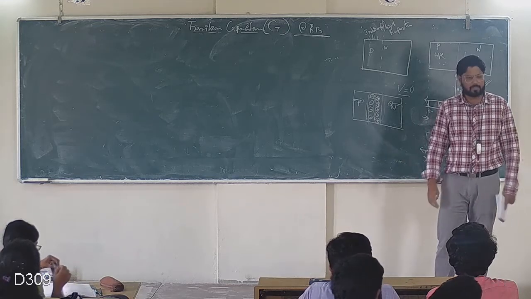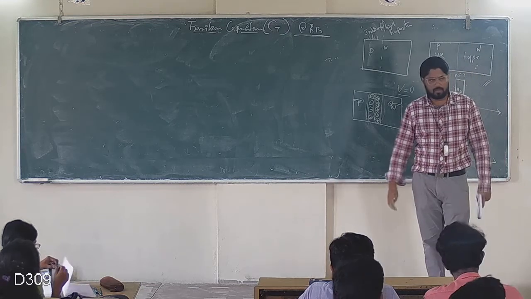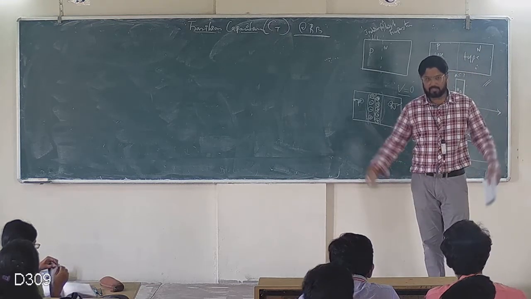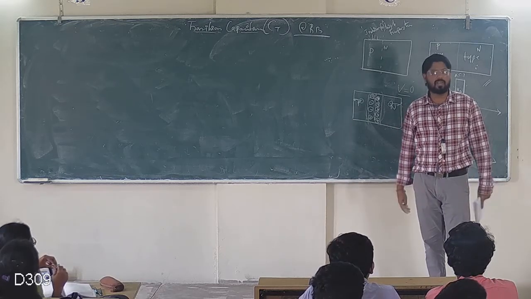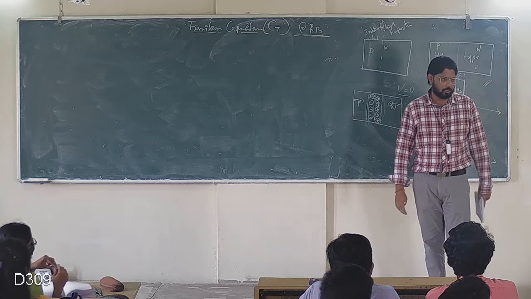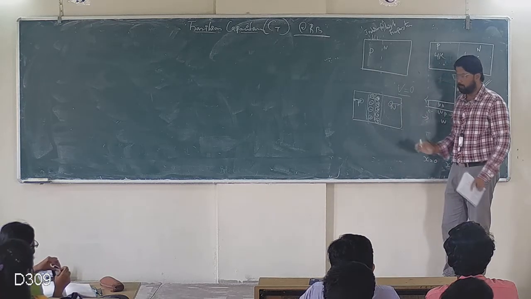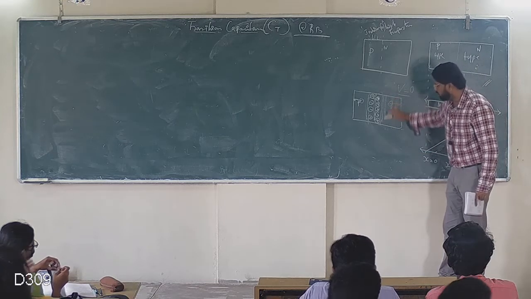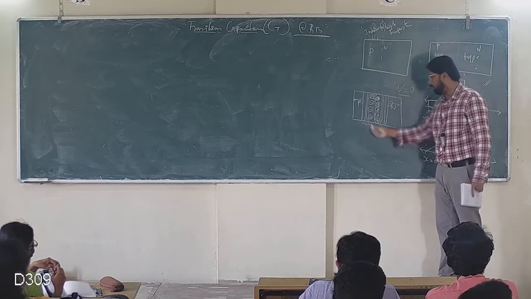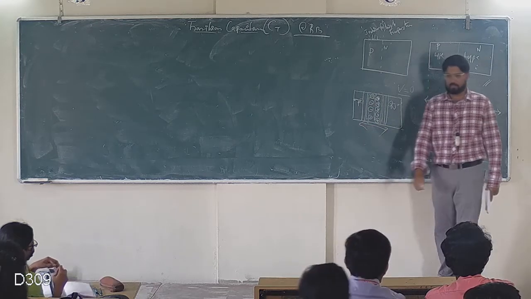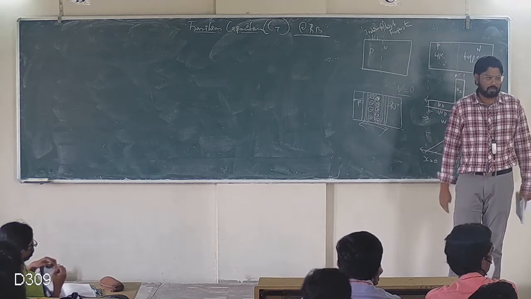What is reverse bias? The uncovered majority carriers are drifting away from the junction. So what happened? This depletion region keeps extending; it becomes wide in reverse bias.